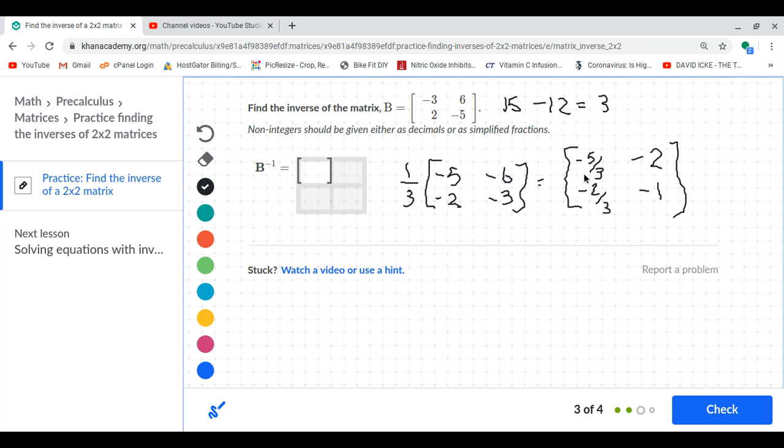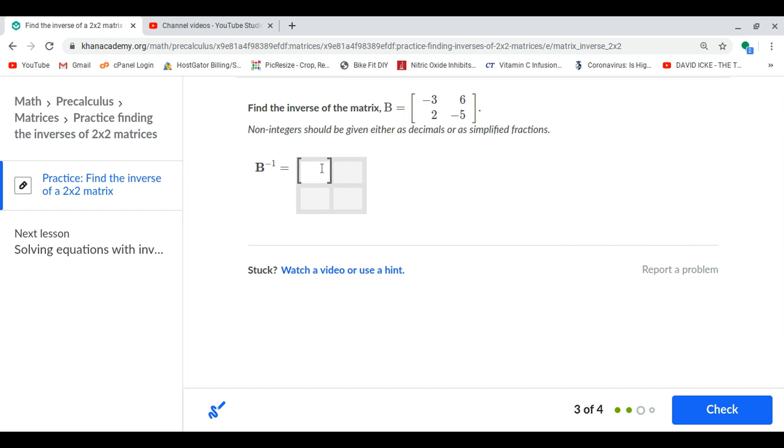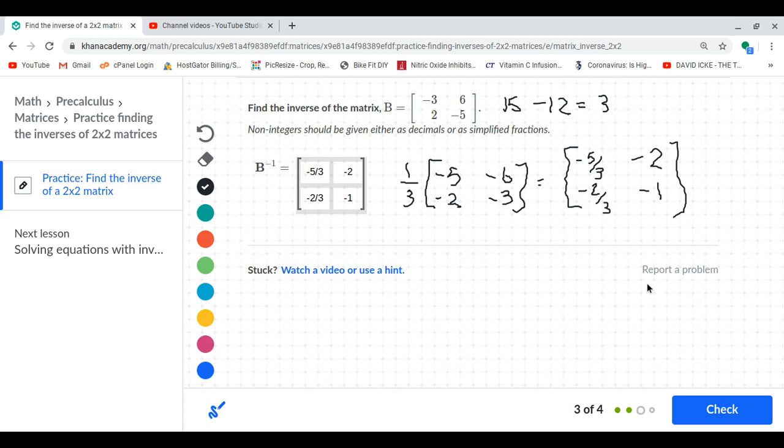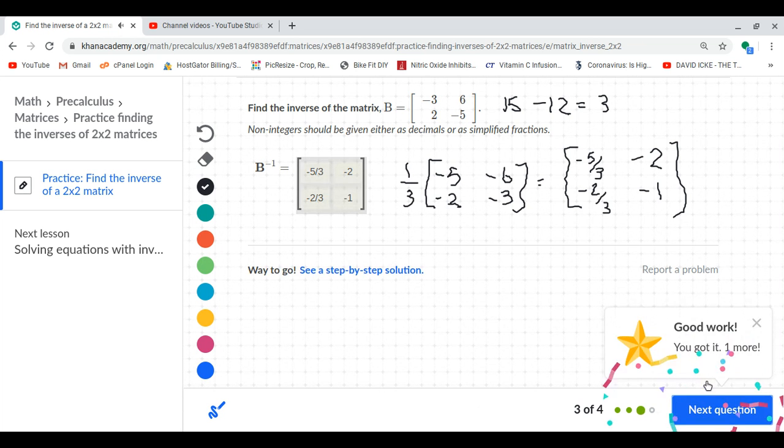All right, so negative 5/3, negative 2, negative 2/3, negative 1. Let's put that in and check. There you go. And that's all there is to it.